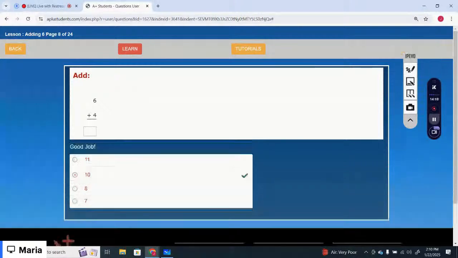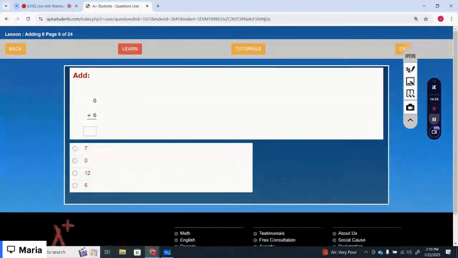Option number 2 is the correct option. Adding 0 means the number stays the same, so that is 6. Okay, you can complete the lesson by yourself later today. Let me just move on to the next lesson.